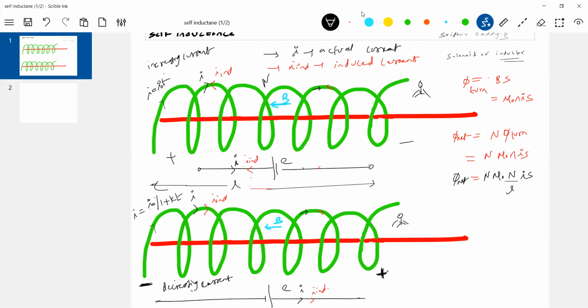The total flux linking the solenoid, when I rearrange, is mu naught N square S by L into I. What is S? S is the area of cross section. If you take this radius as a, S will be pi a square.